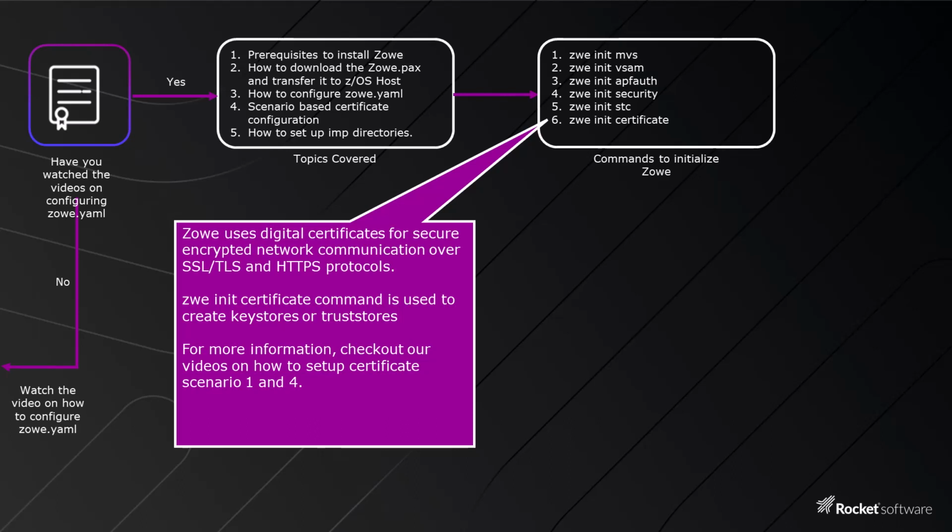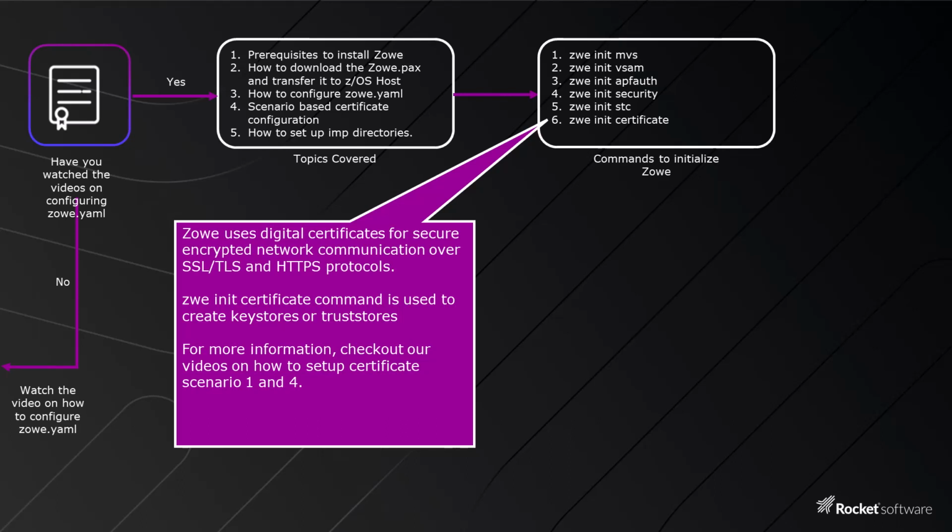Zowe uses digital certificates for secure encrypted network communication over secure socket layer or transport layer security and HTTPS protocols. Zowe supports using either file-based PKCS12 or z/OS keyring-based key stores. When on z/OS, for key stores and trust stores, you can reuse compatible stores.